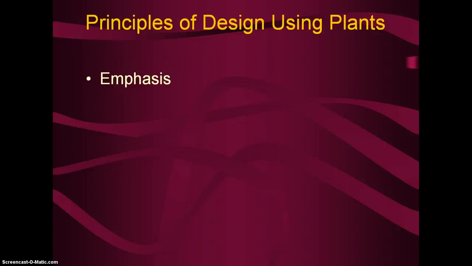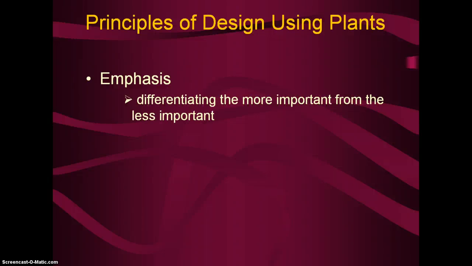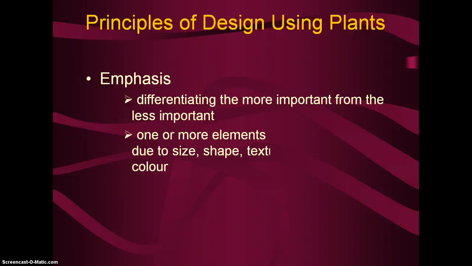Another one that's quite important is we talked about variety, but sometimes within variety there's more to it than just having a bunch of different plants. Sometimes you want one plant that is particularly dominant. It differentiates a particular individual plant or some kind of element that you want from the less important parts of the landscape. So you might build it around this particular plant or feature.